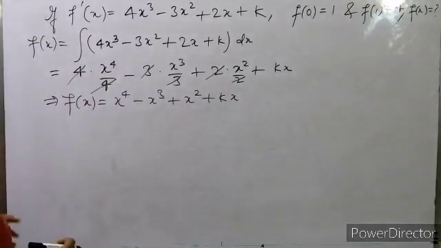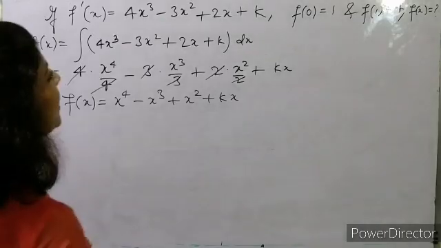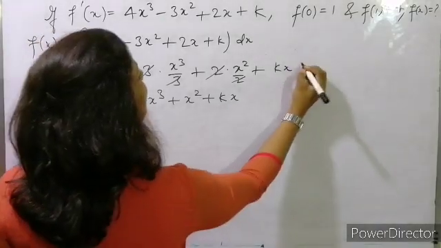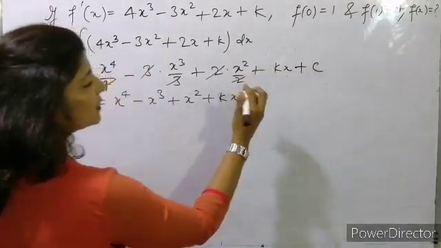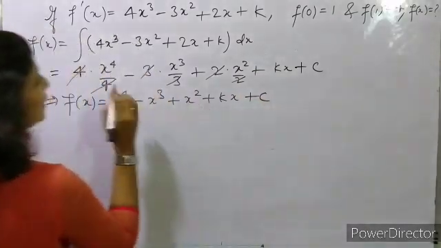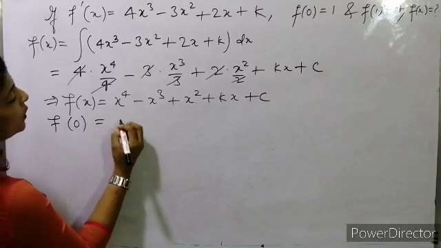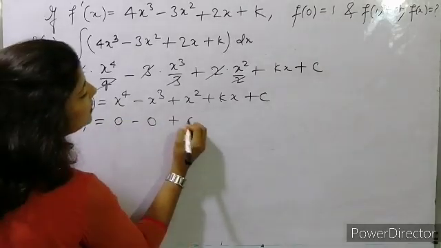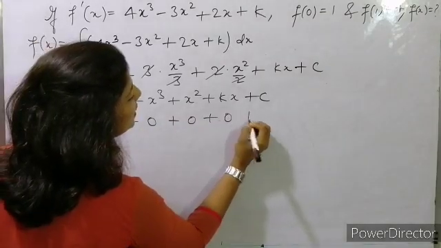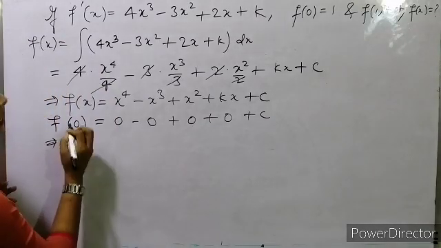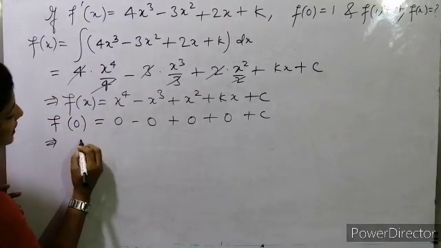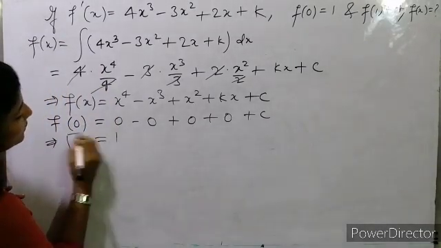Now the constant c should also be there. f0 will be equal to 0 minus 0 plus 0 plus 0 plus c. And f0 is 1, which means c will be equal to 1.